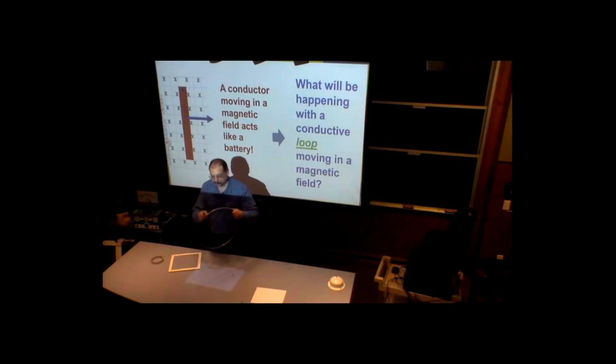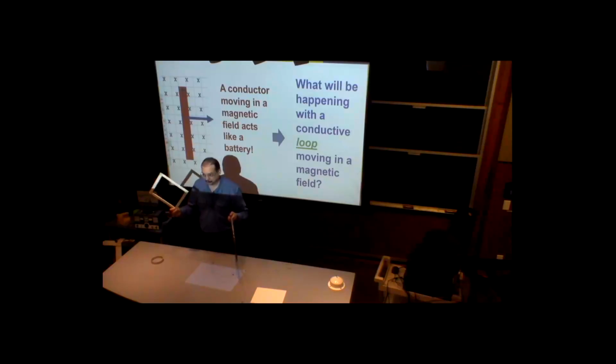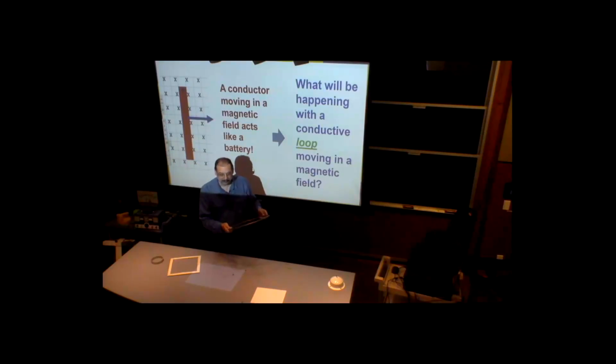The word loop means continuous, that's it. And if it's a plastic or paper loop, an insulating loop, no matter what we try to do, we cannot induce electric current in it. But if we have a conductive loop, something should happen inside it when we move it through the magnetic field.